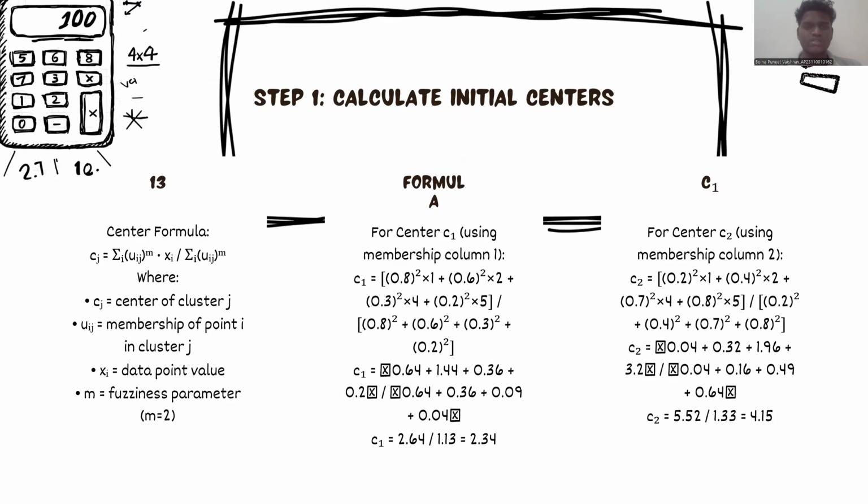As you can see, here is the calculation of the whole clustering. So C1 is equal to 0.8 squared times 1, plus 0.6 squared times 2, plus 0.3 squared times 4, plus 0.2 squared times 5.